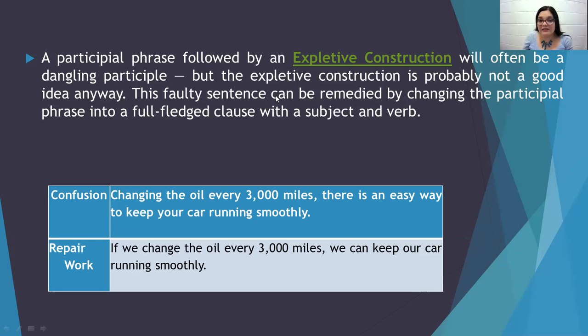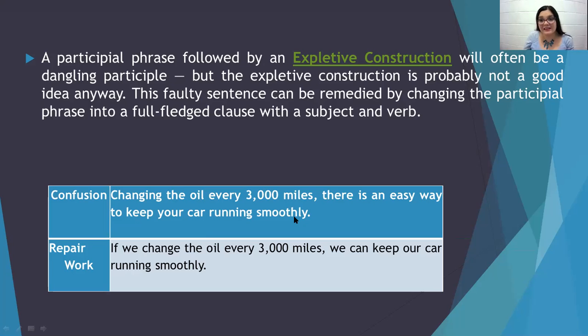This faulty sentence can be remedied by changing the participle phrase into a full-fledged clause with a subject and a verb. Take a look at the revision. First, see the problem: "Changing the oil every 3,000 miles, there is an easy way to keep your car running smoothly."